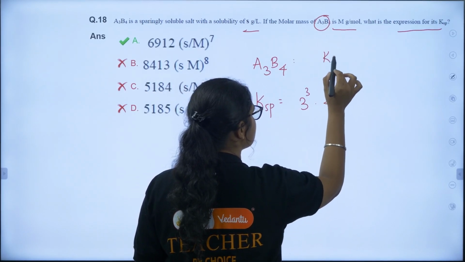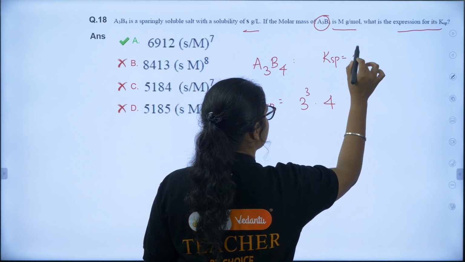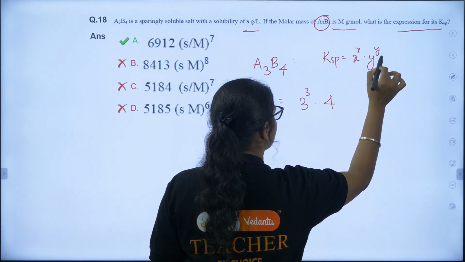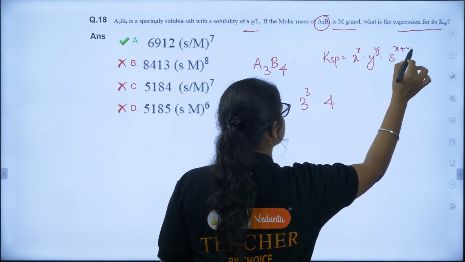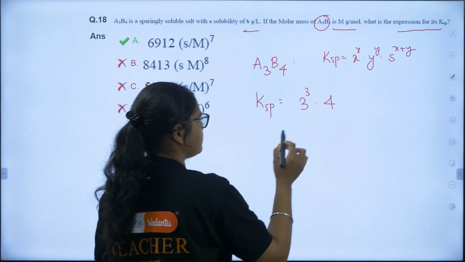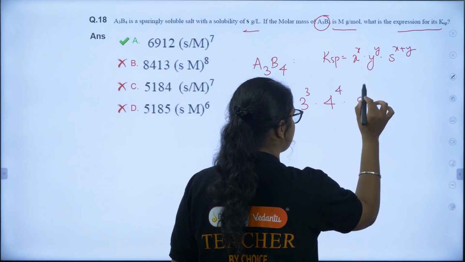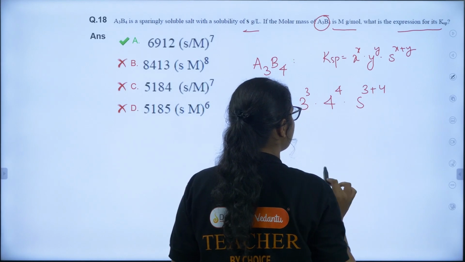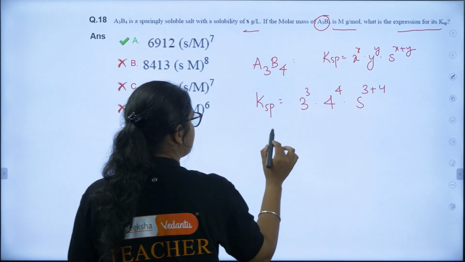So we know the general formula of KSP, that is x to the power of x, y to the power of y, s to the power of x plus y, right? So here x is 3, y is 4. So 3 to the power of 3, 4 to the power of 4, s to the power of 3 plus 4.